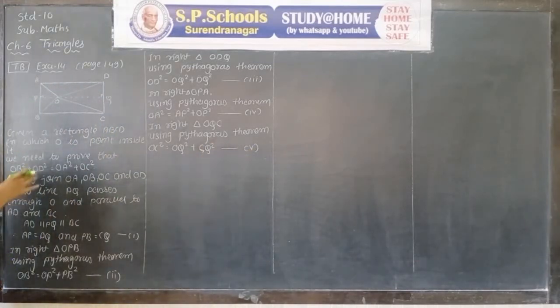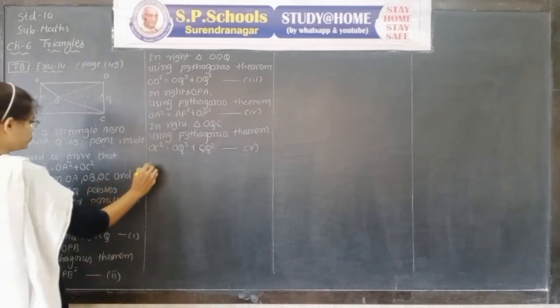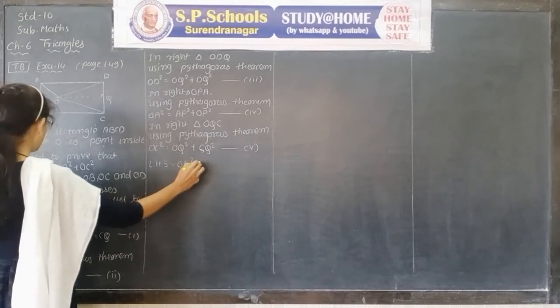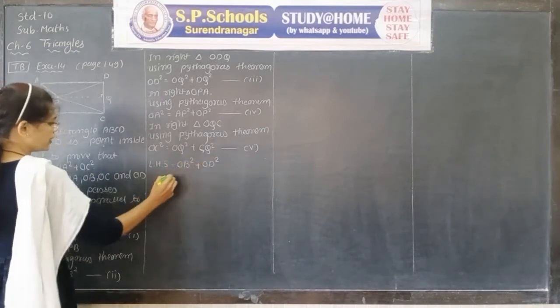Now, first of all, we take the left hand side of the proof. Left hand side is equal to OB square plus OD square.